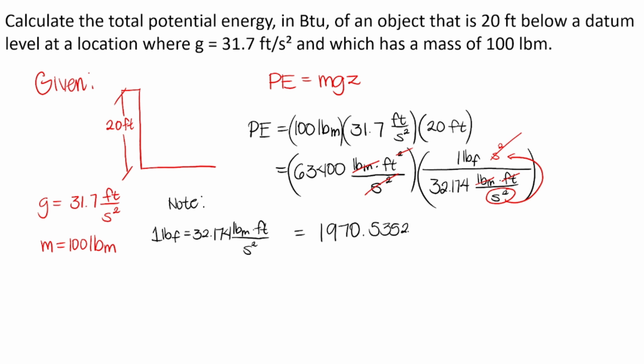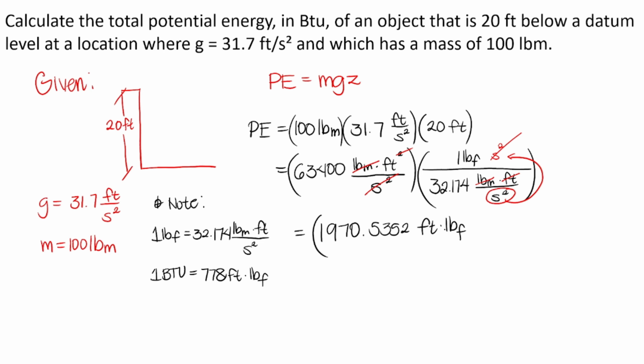And storing that value into your calculator in whatever variable, ang unit nito is foot-pounds of force. Ito ay unit ng energy, but we need to convert that to BTU. Again, take note that 1 British thermal unit is equal to 778 foot-pound force.